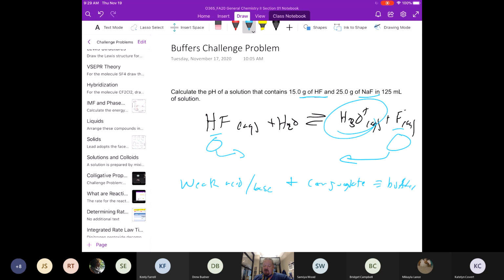So these buffers are going to resist changes in pH because of Le Chatelier's principle. Both are there, so any additional stress is going to cause a shift in one direction, but Le Chatelier's principle is going to cause it to shift back.